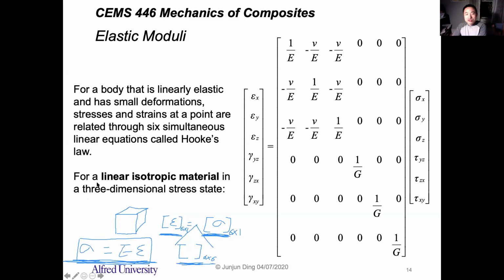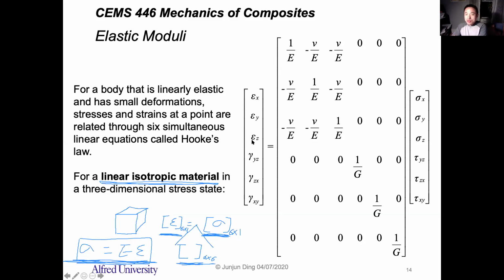So for linear isotropic material, this is a really strong assumption, right? It's a linear material and also isotropic material. So for this isotropic material, in the 3D domain, the relation between strain and stress will be expressed by this elastic moduli, right?